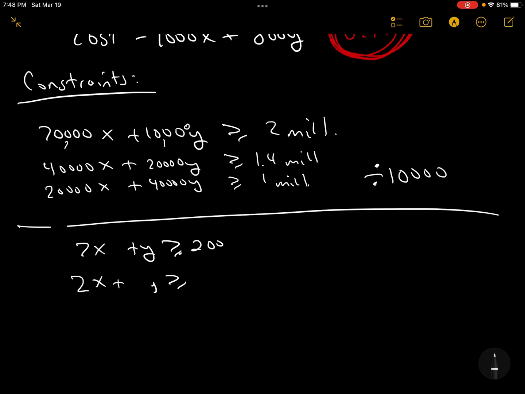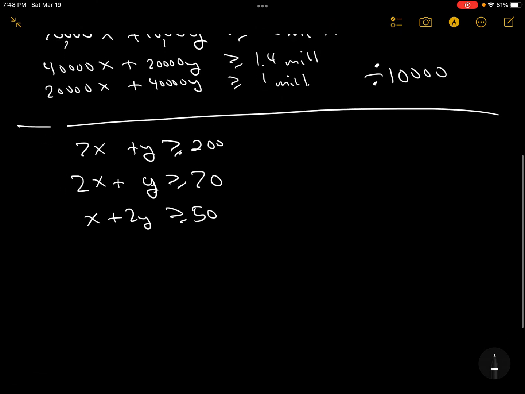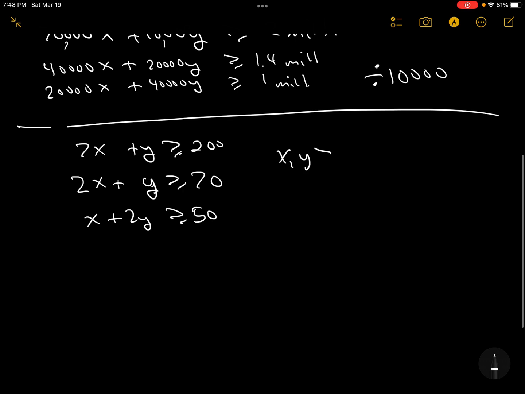You get 2x plus y is bigger than or equal to 70. And then the last one is x plus 2y is bigger than or equal to 50. And of course, x and y are positive, right? So we're in quadrant 1.